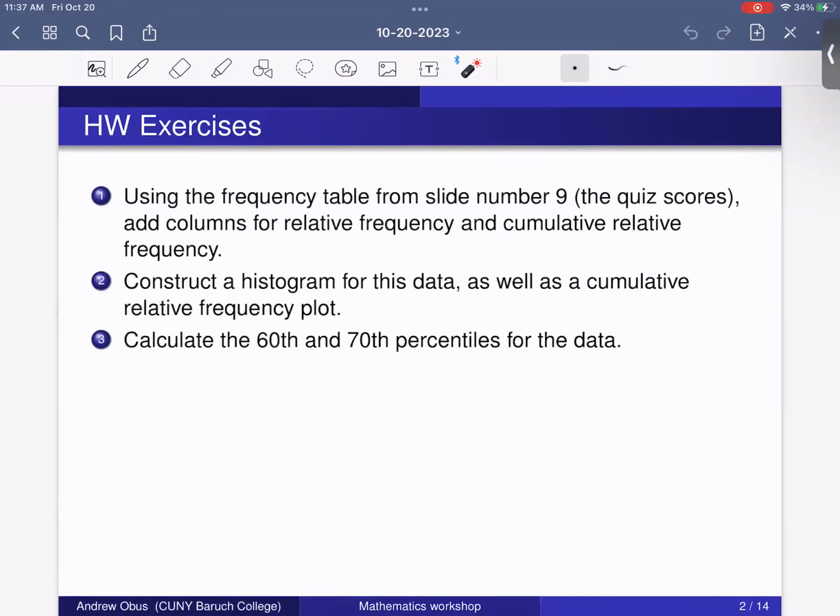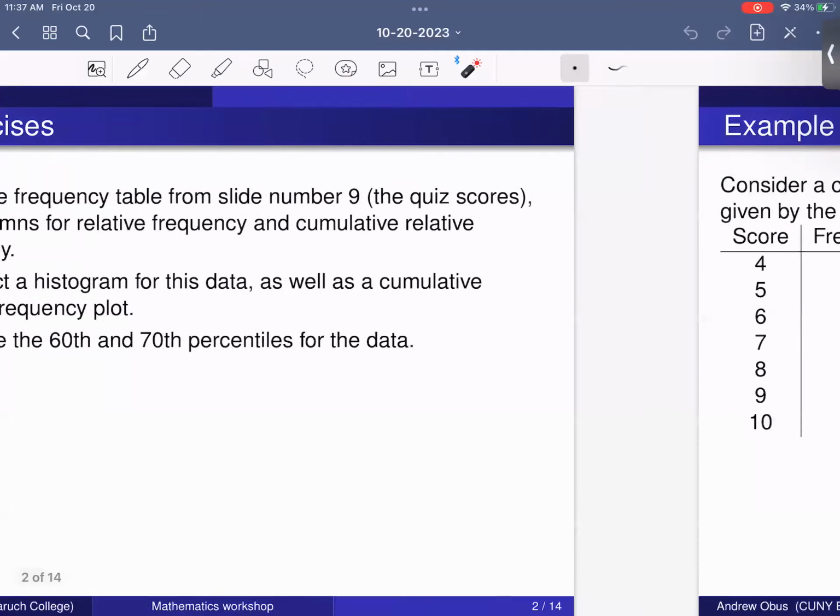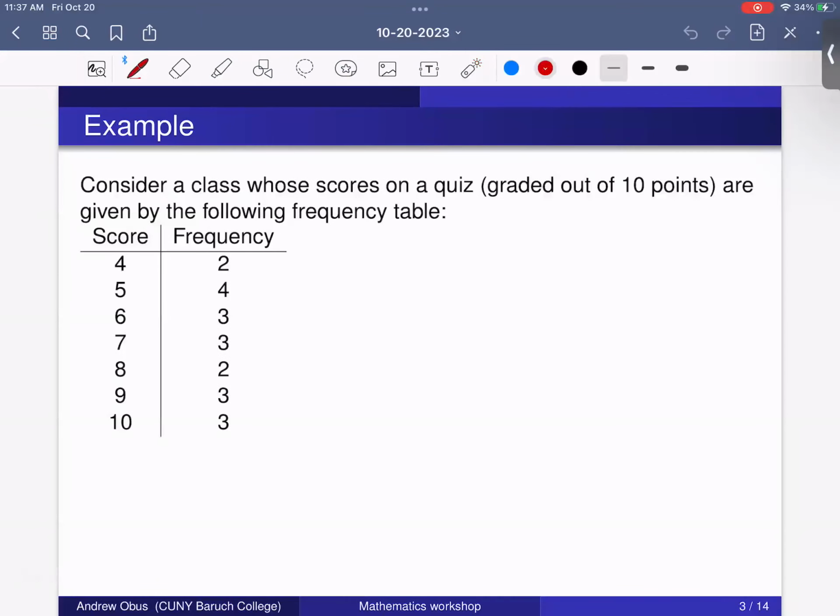So let me just mute everybody. So feedback. So for the homework, we had 3 questions about the same data set. Right, so one was using the frequency table from slide number 9. I'll show you what that table is. We want to add in columns for regular relative frequency and cumulative relative frequency, right? So the data table was over here.